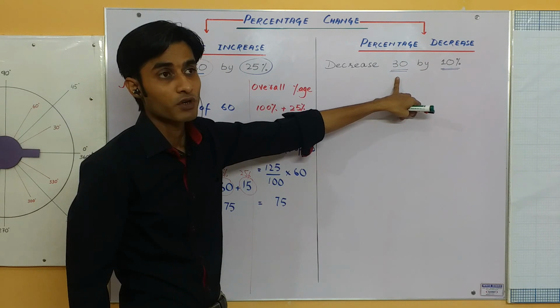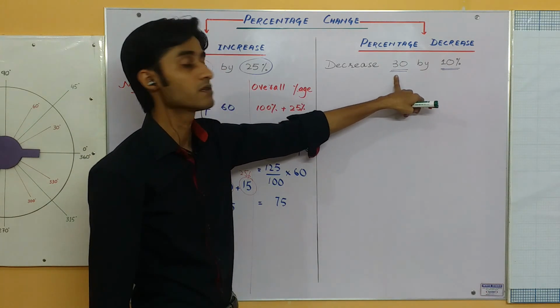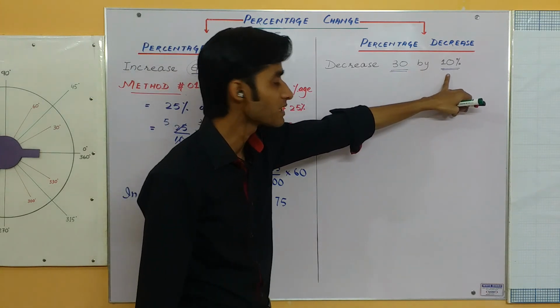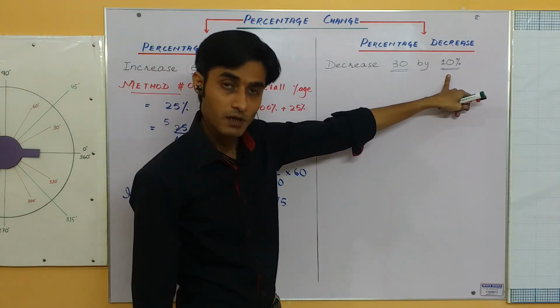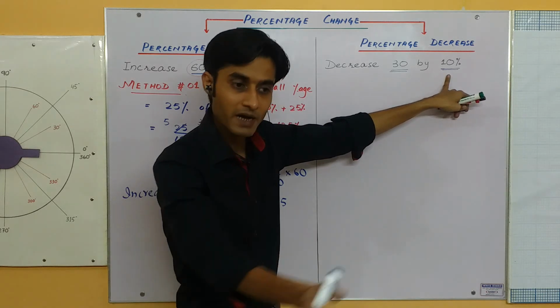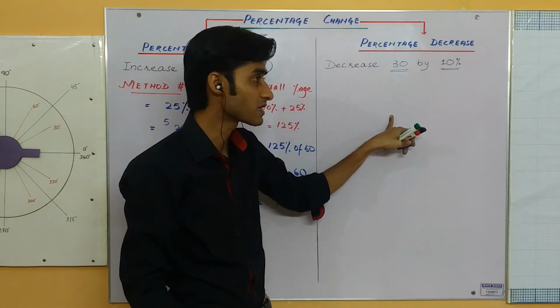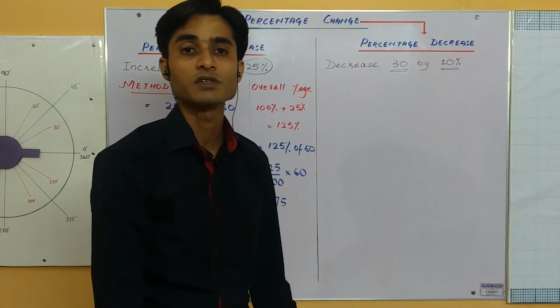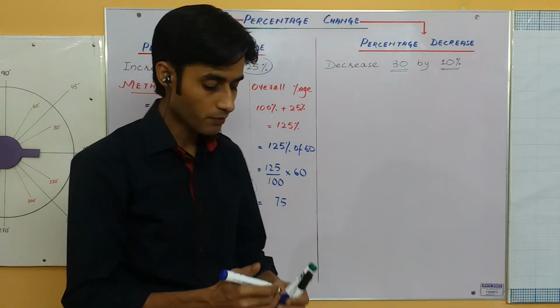What percentage of 30 is 30? This is 100%. Now, I know this is 100%. How much do I have to decrease it? 10%. If I have to decrease it, I will subtract 10% from 100%. And the final percentage is going to be 90%.